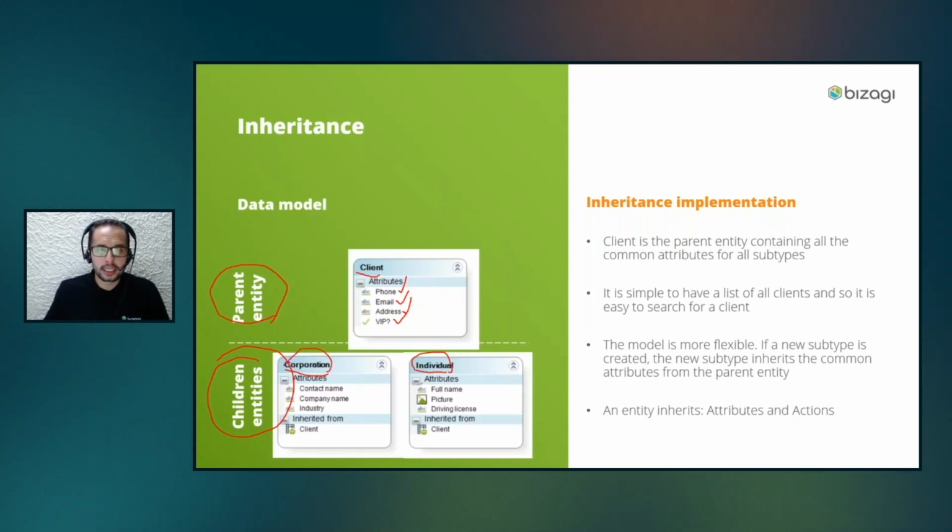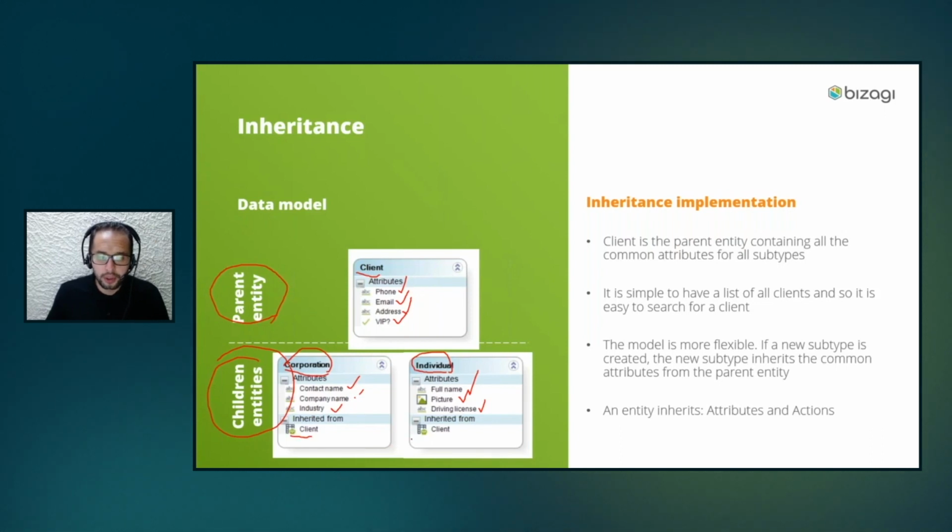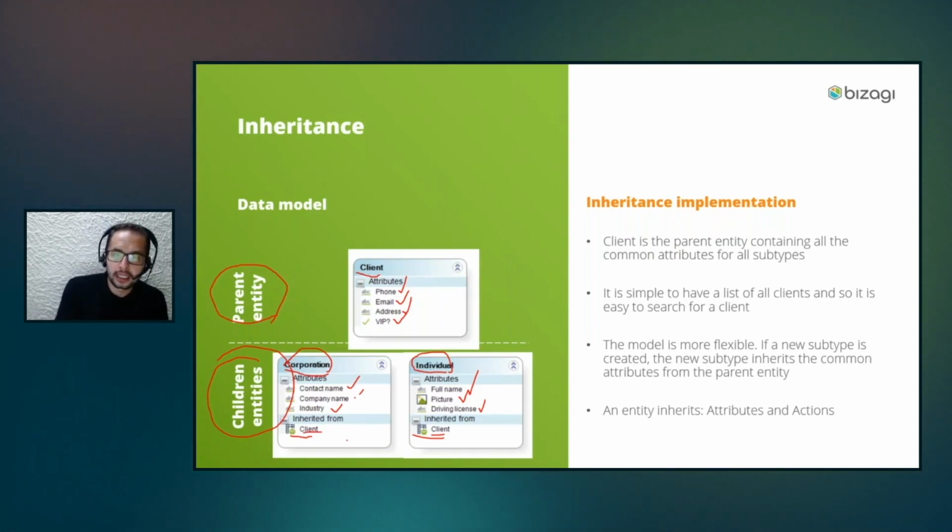other two separate entities. These are going to contain unique information that applies just to those entities. In this case, for an individual, I will require a picture, a full name, and a driver license. And for a corporation, I will need a contact name, company name, and an industry. And what I am going to do is say that these two entities inherit from the client entity.